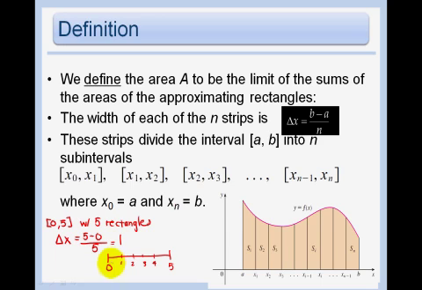If I was using left endpoints, okay, then this is always my first rectangle. But if I'm using left endpoints, this is going to be the point that I use. And so you'll see how I use this in the future, but I'm going to just say here's the first, second, third, fourth, and fifth rectangle, because here are my rectangles. I don't really care where they are.